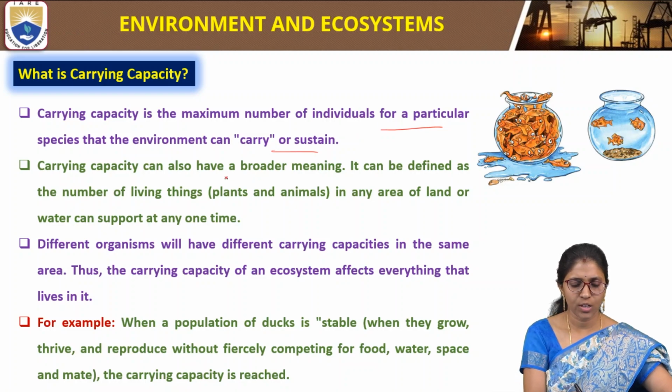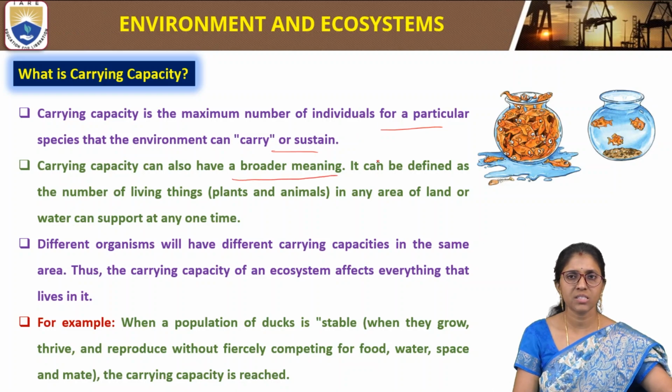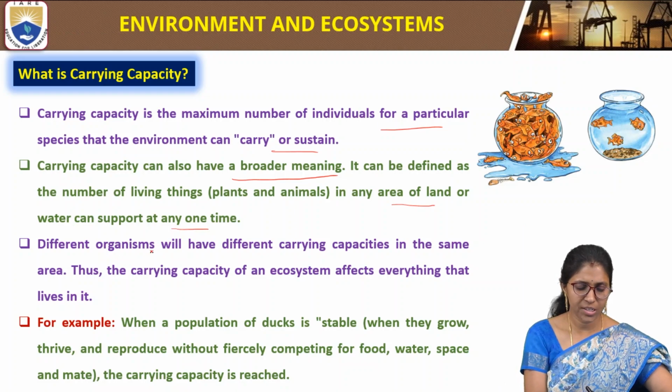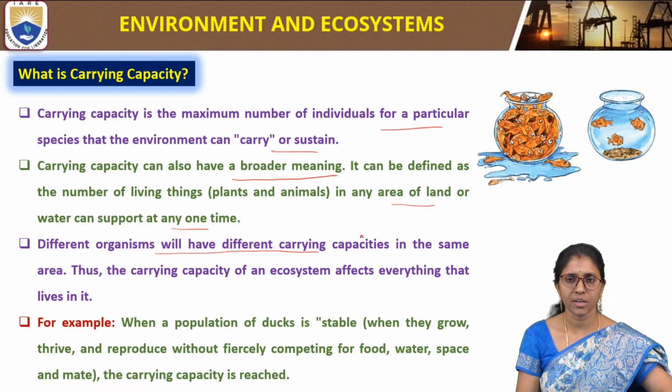Carrying capacity can also have a broader meaning: it can be defined as the number of living things any area of land or water can support at one time. So different organisms will have different carrying capacities.